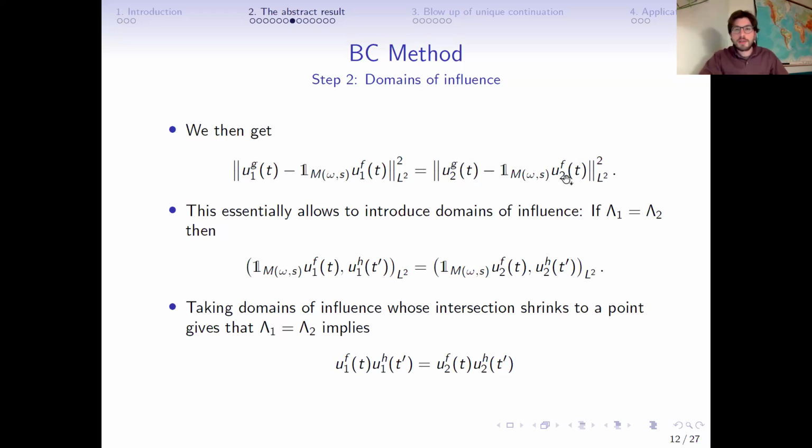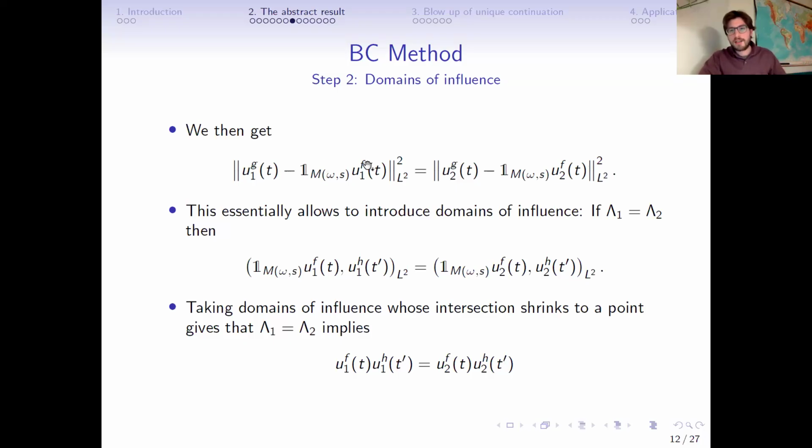This is a consequence of this equality, because it says that if you have a good control for U1, it's also going to be a good control for U2, because if U1G is close to this target, then the same G, U2G, is going to be close to this target.